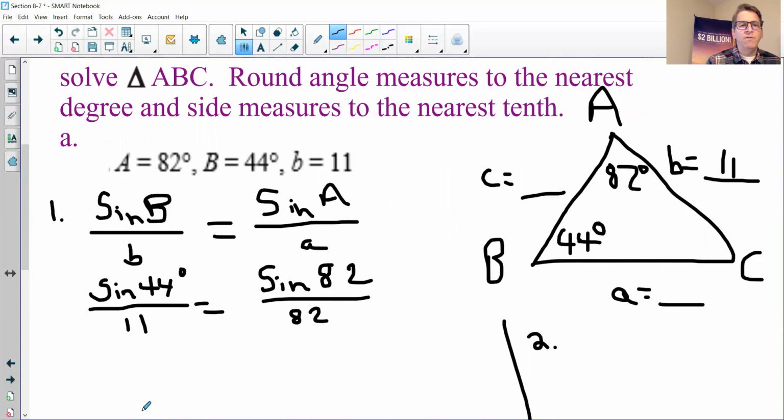Now let's solve for A. Oops, got to put the A in there, not 82. So A times the sine of 44 is equal to 11 times the sine of 82.